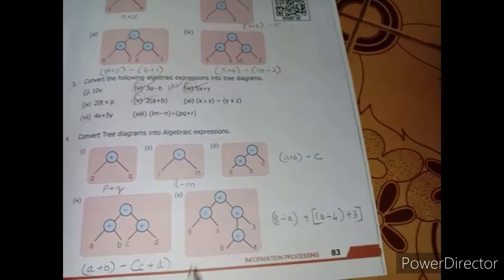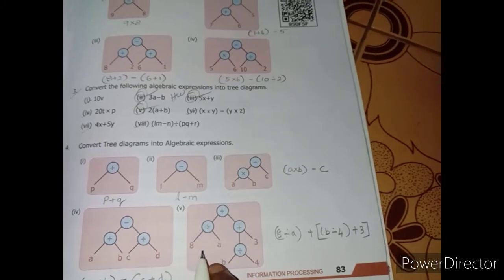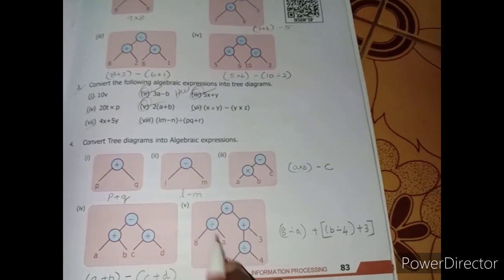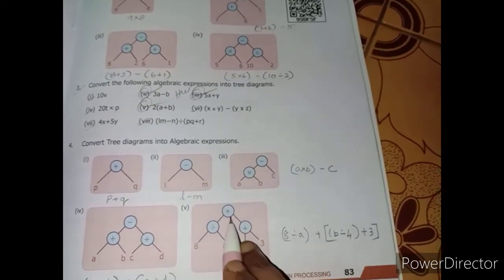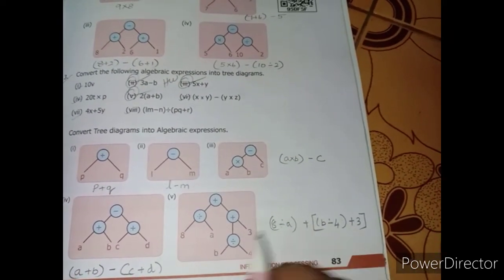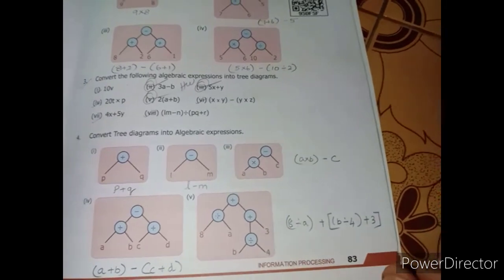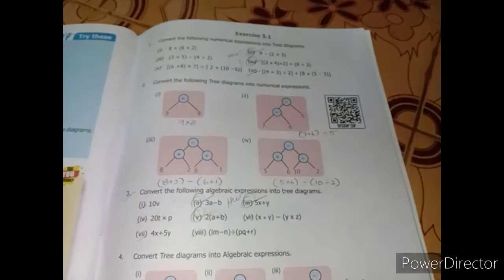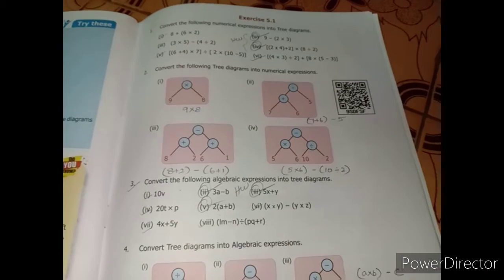Okay, very simple. It is a little bit confusing. Just see again. 8 divided by a plus b divided by 4 plus 3. Okay. So, we have completed exercise number 5.1.